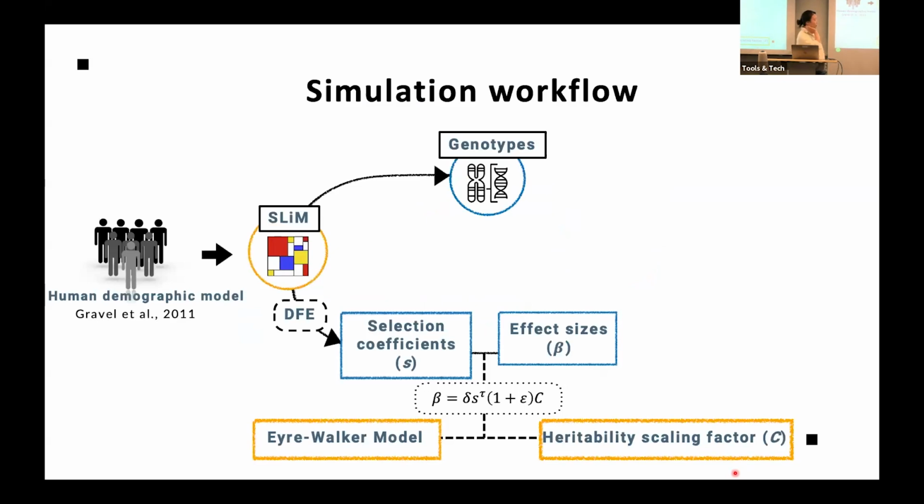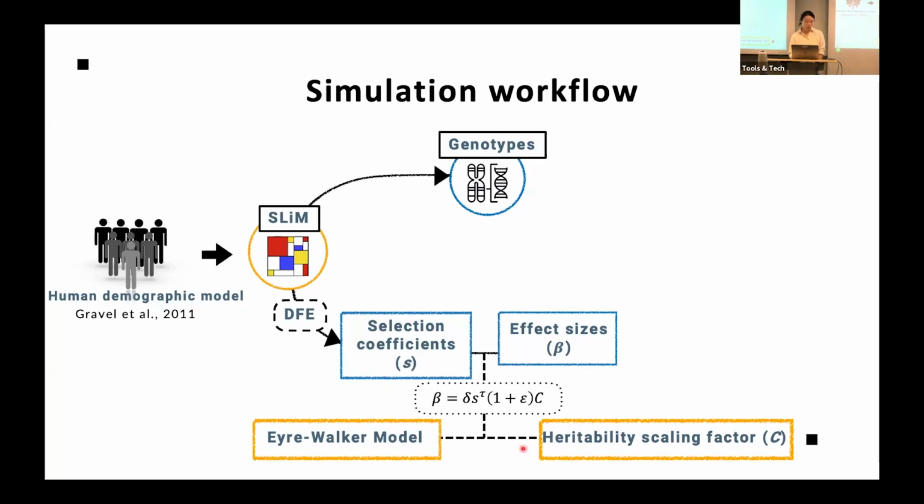Okay, so to go over the whole workflow, we first start off with some human demographic model, and in our case, we used the Eurasian population demographic model by Simon Gravel. We fed that into SLiM so that we can get the genotypes of the individuals. And as we incorporated the DFE model, we'll have the selection coefficients.